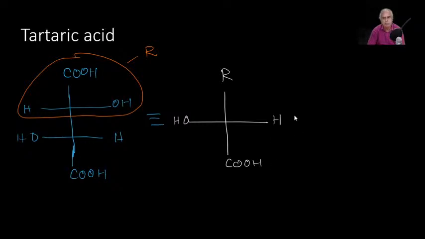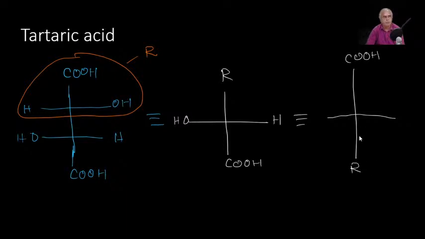And now listen. What is our convention? The COOH part should be written at the top, is it not? So let us check. The oxidized part should be written here, so automatically R will come down.